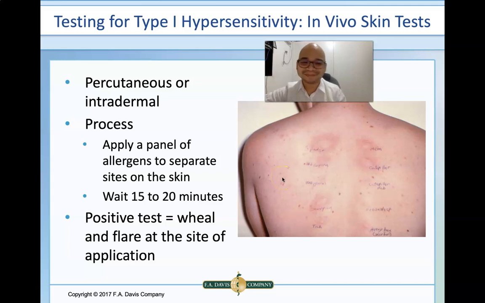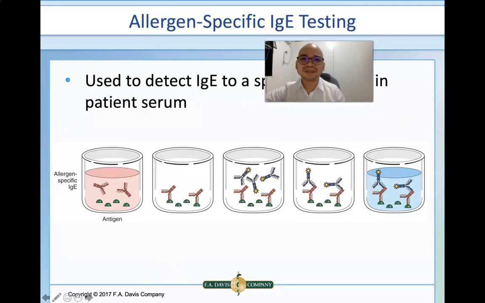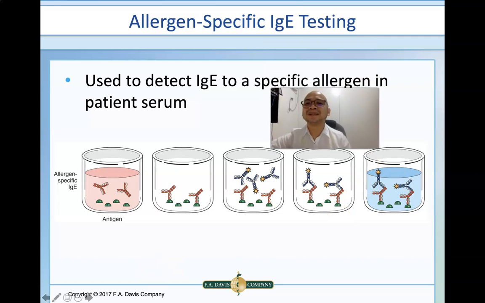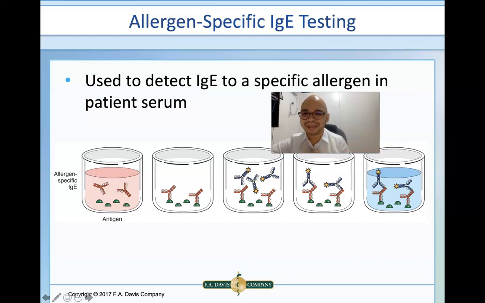Anyway, there is also a specific IgE testing. We call it the Allergen-Specific IgE Testing. This particular technique will detect IgE to a specific allergen in patient serum. This one is actually more confirmatory as compared to allergen skin testing, although the skin testing result will be available right away.